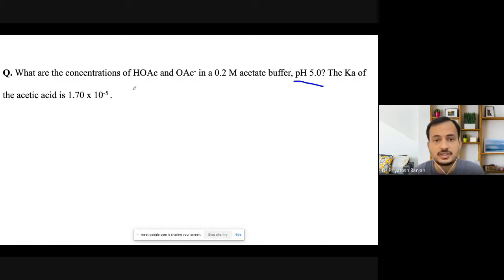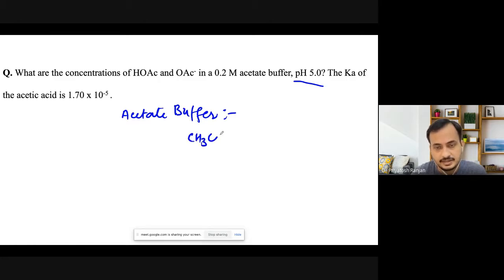When you are talking about the acetate buffer, it is going to be composed of acetic acid, which you can also represent in the form of HOAc, which is a weak acid.